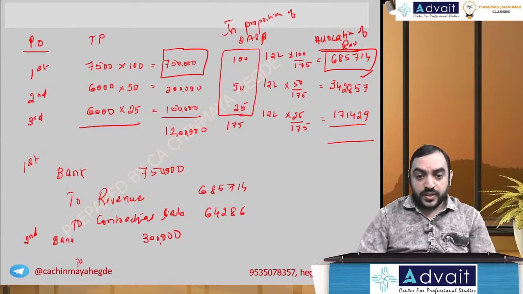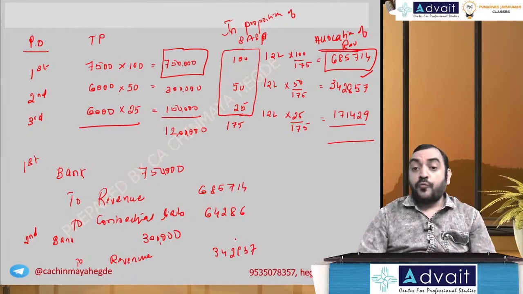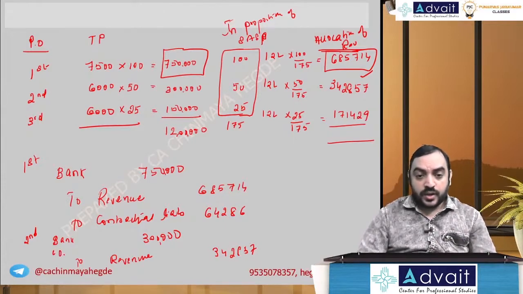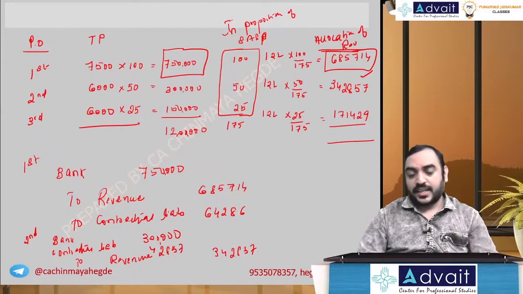So you credit revenue 3 lakh 42,857. But the 42,857 you have not received, which you adjust from the contractual liability. So you debit contractual liability 42,857. That is the second year.